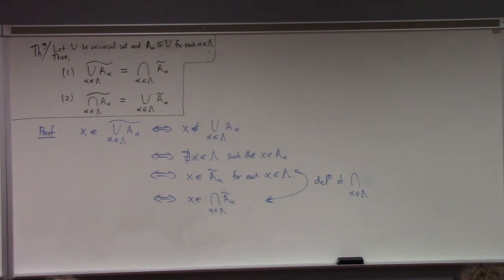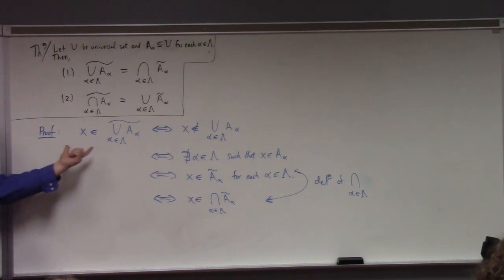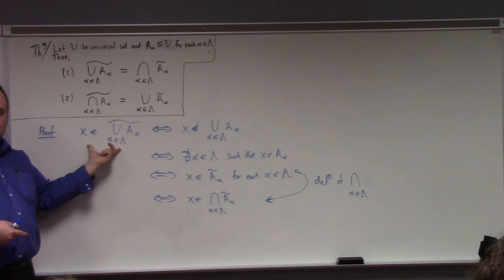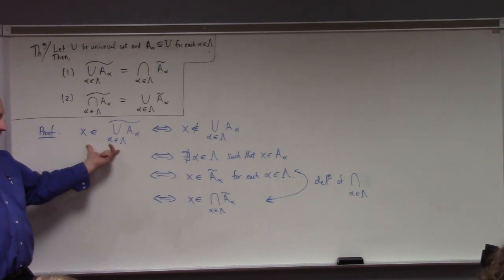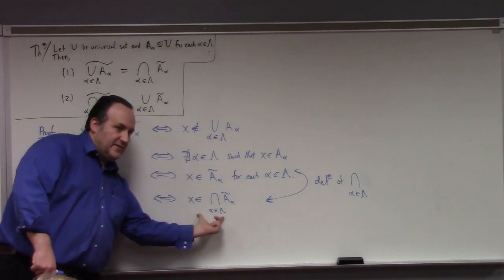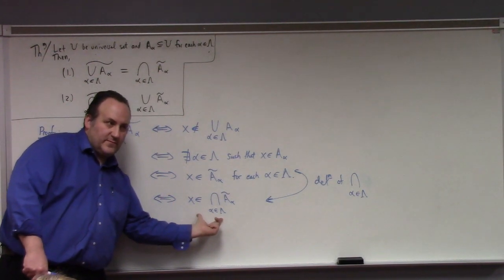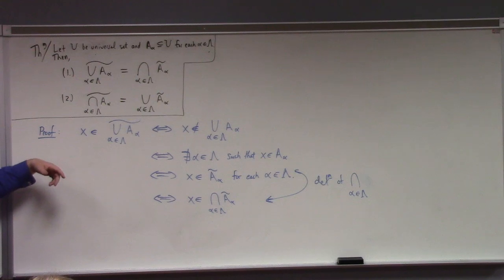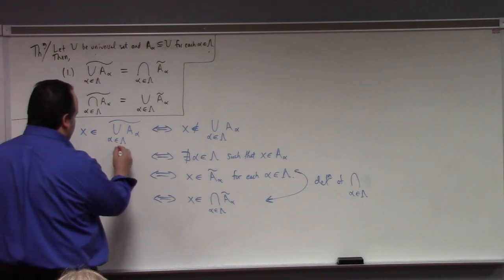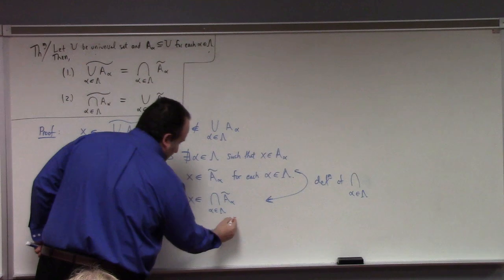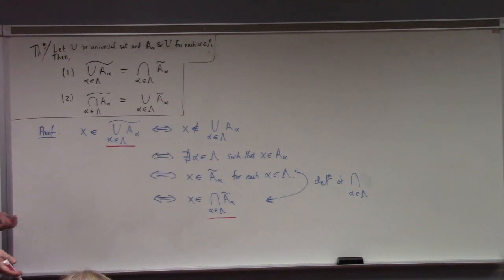So what does this show? Every point which is in the complement of the union is also a point which is where? In the intersection of the complements, which shows you that these two sets, which I'll underline in red here shortly, have the same elements. But if two sets have the same elements, then what? They're the same set.